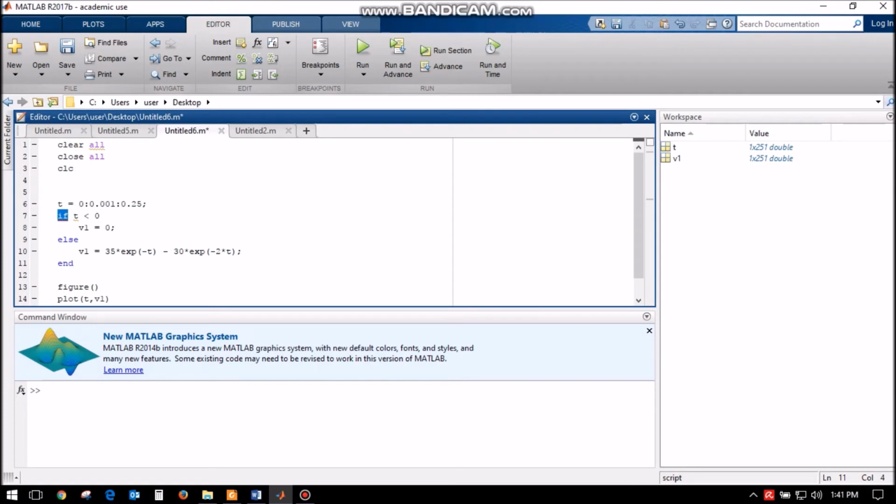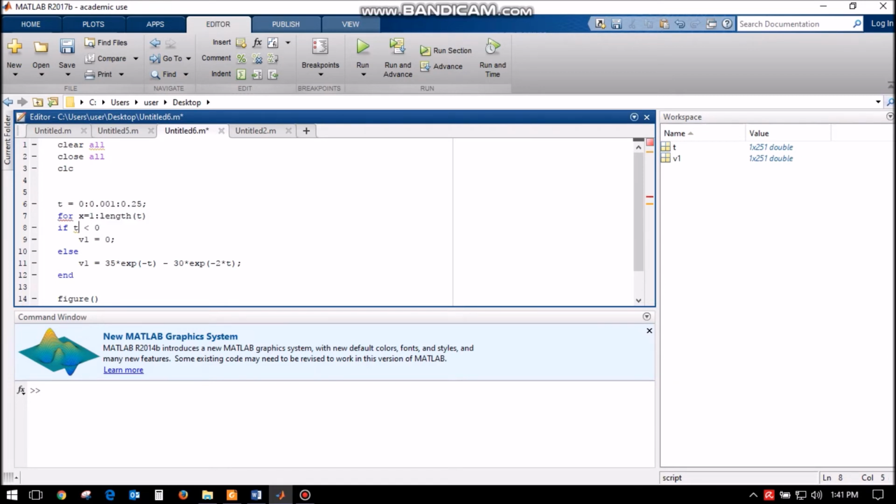However, we also need to use a for loop, for x from 1 to the length of t.